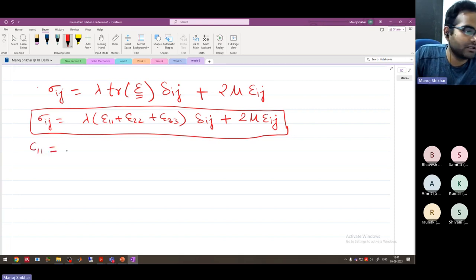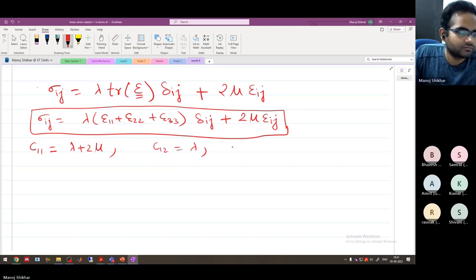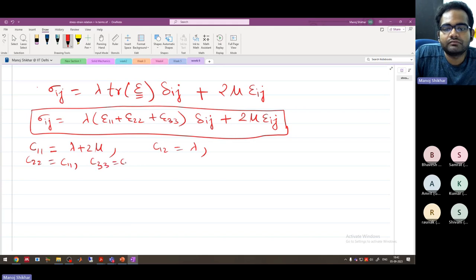Now for isotropic material, the formulas are these. C11 is lambda plus 2 mu. C12 is lambda. C22 is equal to C11. C33 equal to C11 because we are considering isotropic material.